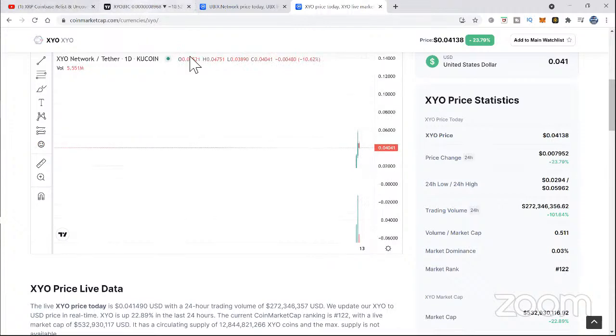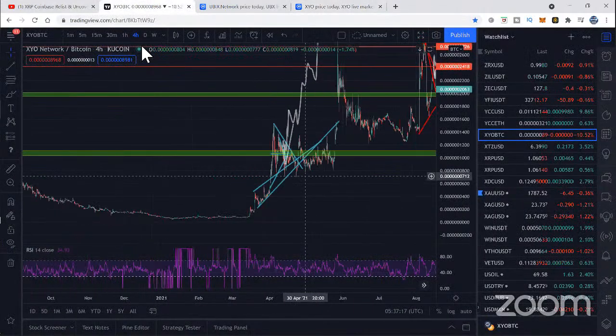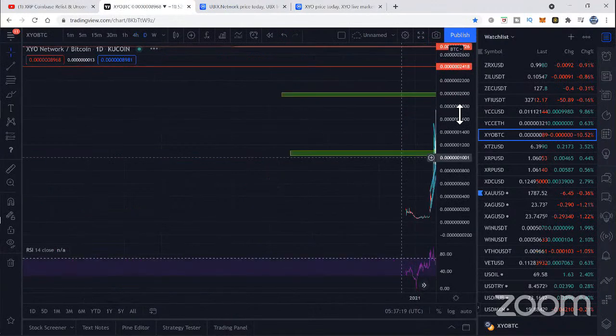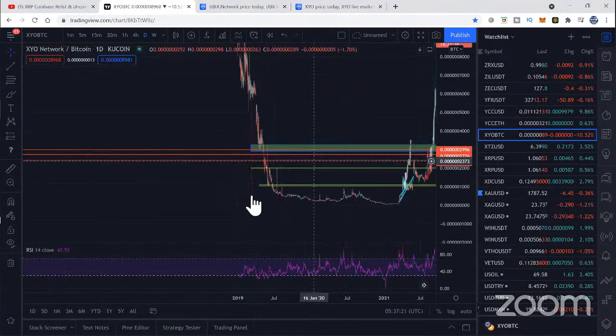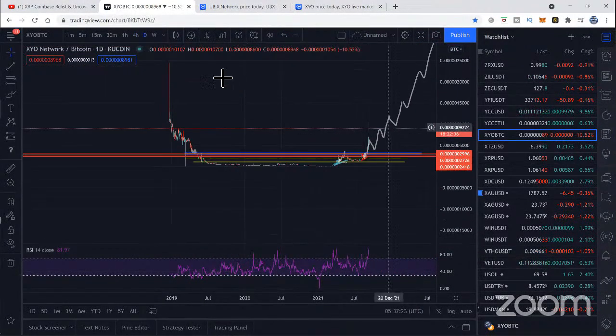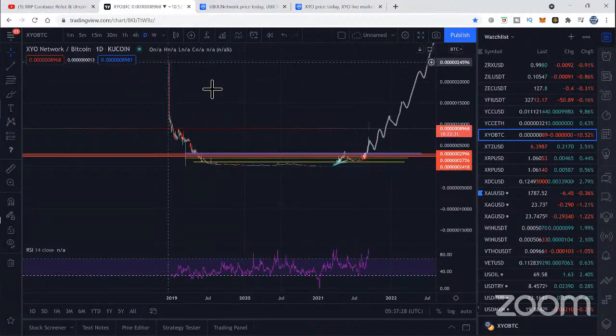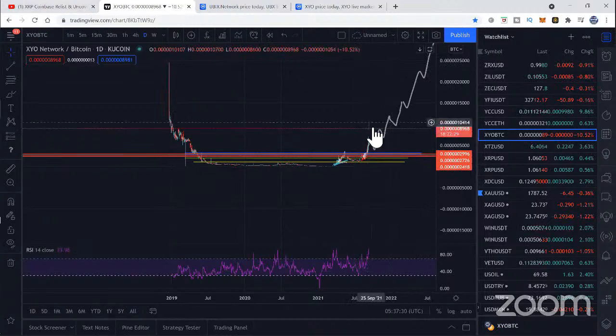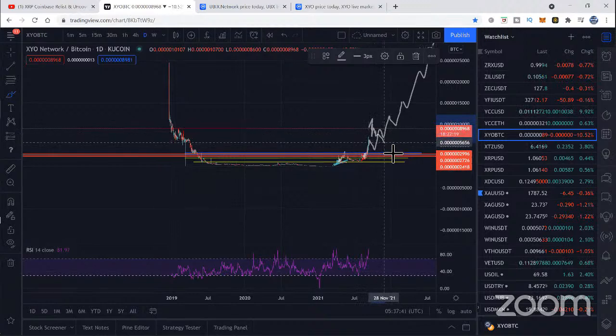You need to go to XYO versus Bitcoin to really be able to see what is about to come next. So as y'all can tell, we were as high as this on XYO versus Bitcoin. I believe this is going to mess around here, just hover for a little bit while it's settling in its Coinbase position.